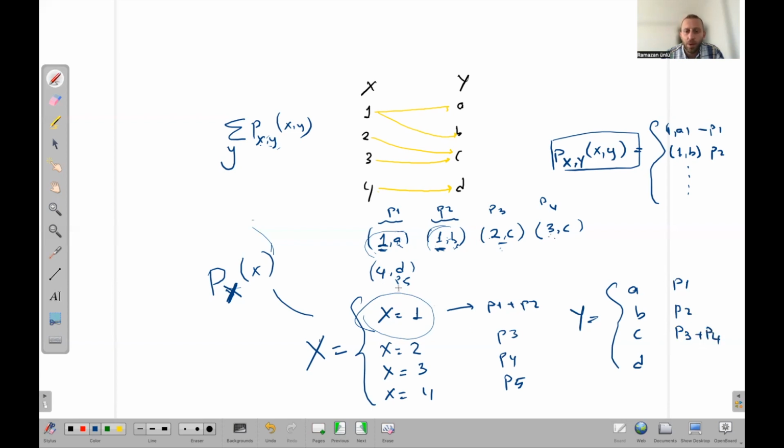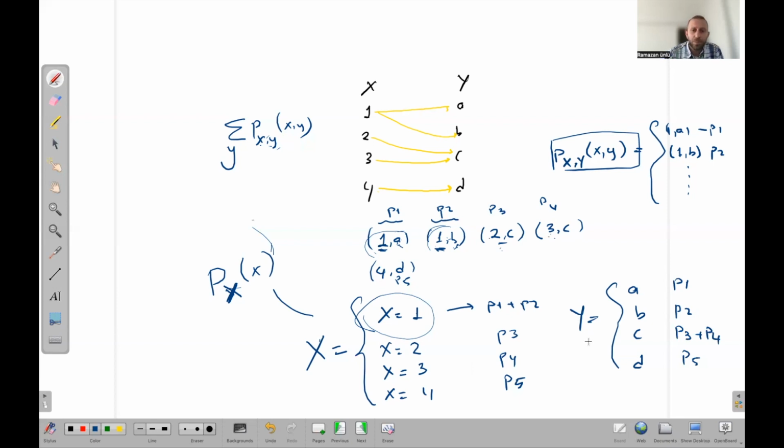For d, x can take only 4, and the probability is p5. So what did I do? From the joint probability mass function, I just revealed the PMF of x and the PMF of y.